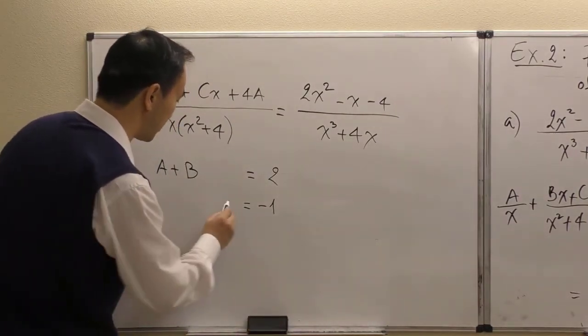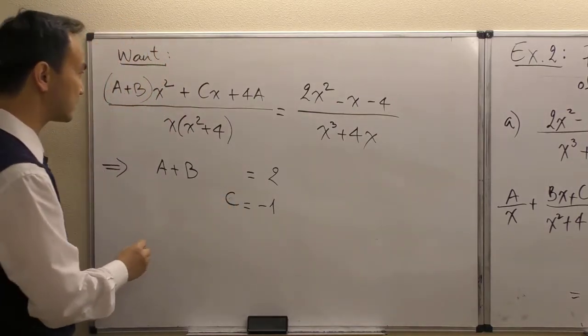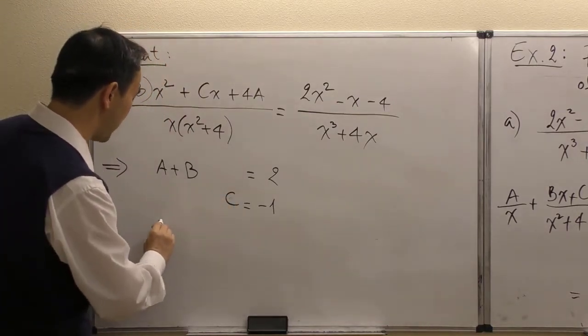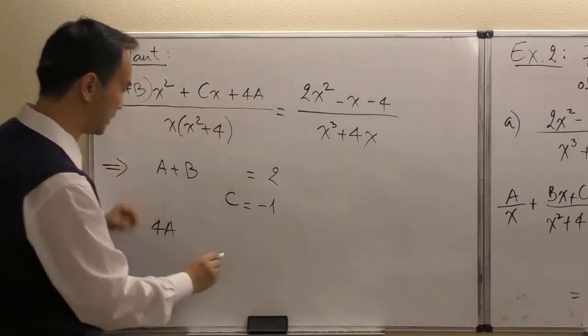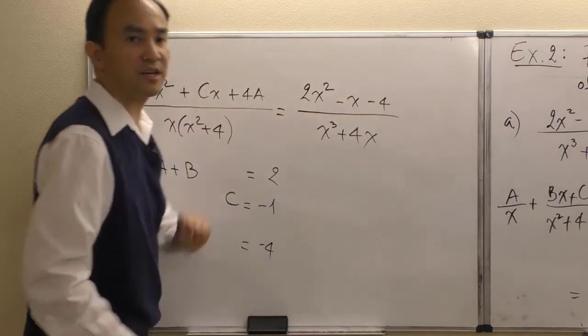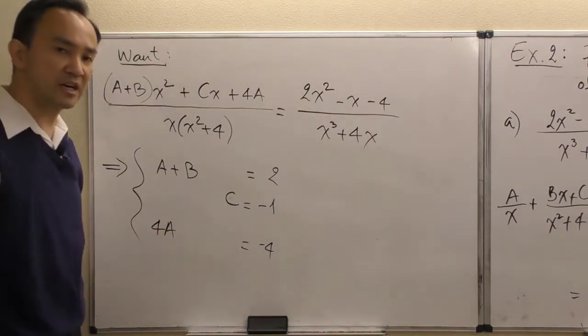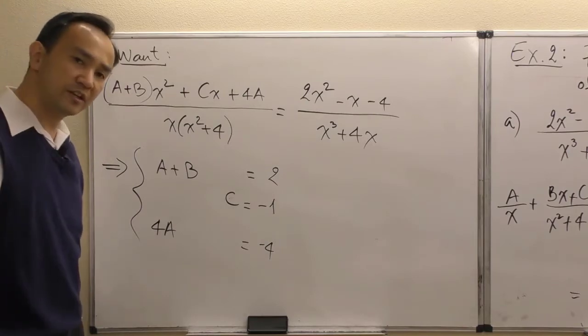So c equals -1. And further, I need the 4a from the left-hand side to equal -4 on the right-hand side.